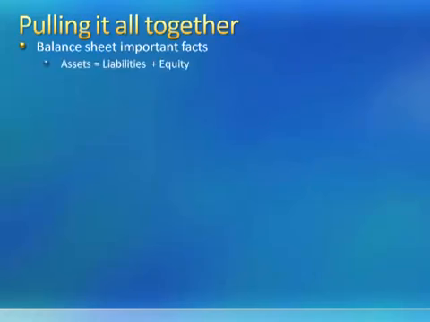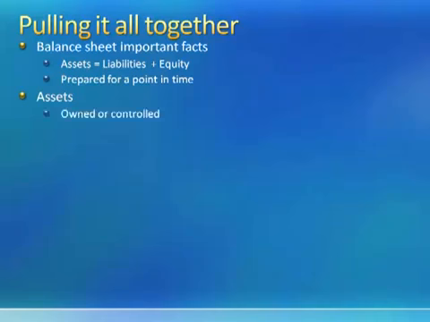So let's review. The important facts about the balance sheet are that assets equal liabilities plus equity. The balance sheet will always stay in balance. The balance sheet is prepared for a specific point in time. In other words, it lists all the assets, the liabilities, and equity at that point in time. Assets are owned or controlled by the business and represent probable future economic benefits.